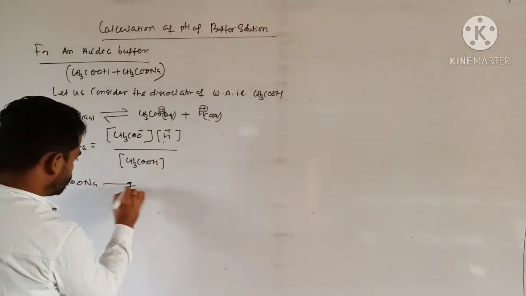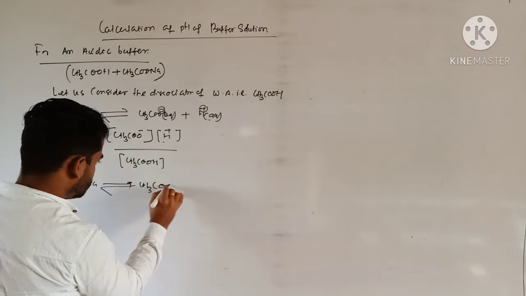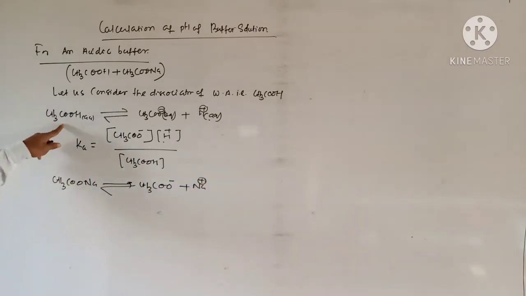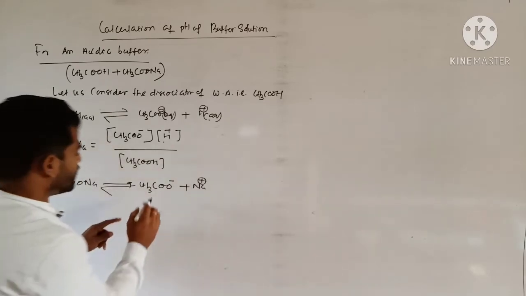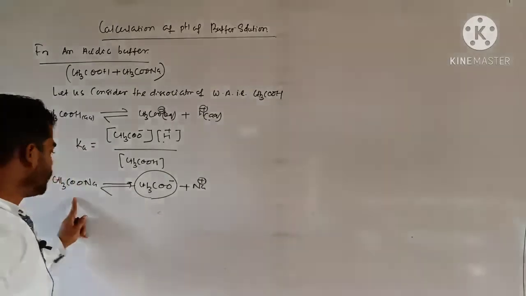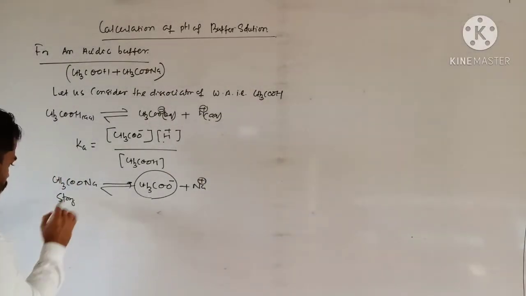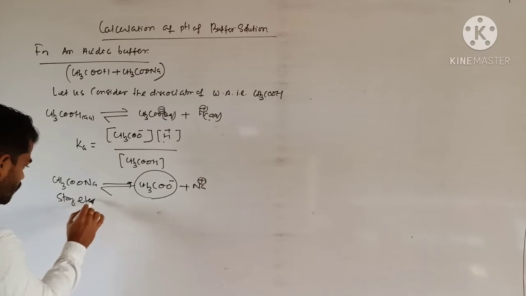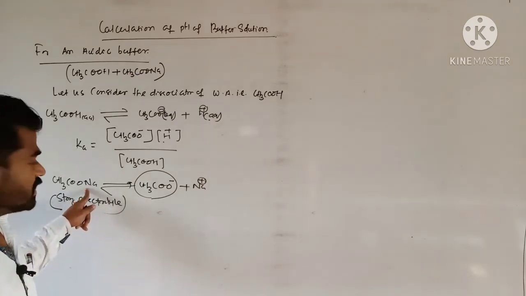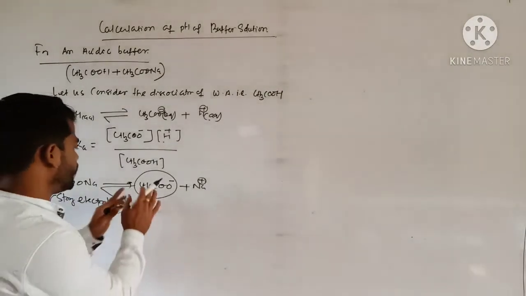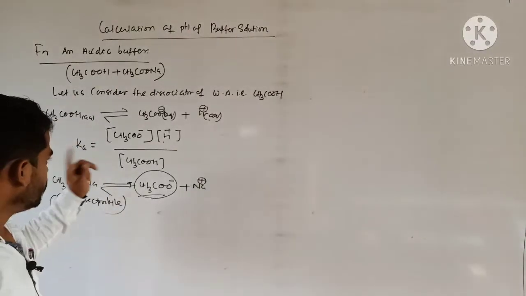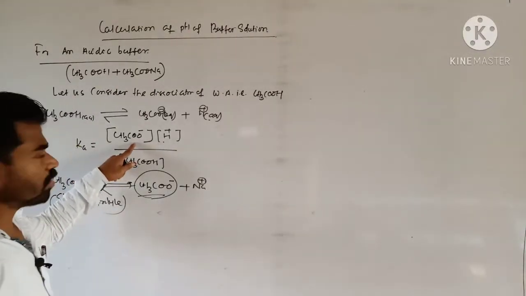It will give you CH3COO minus plus Na plus. Since the acid is a weak component, whatever the extent of acetate ion present in the solution is contributed by salt only, because the salt is a strong electrolyte, so 100% ionization is there. Can I write salt concentration instead of the CH3COO minus?